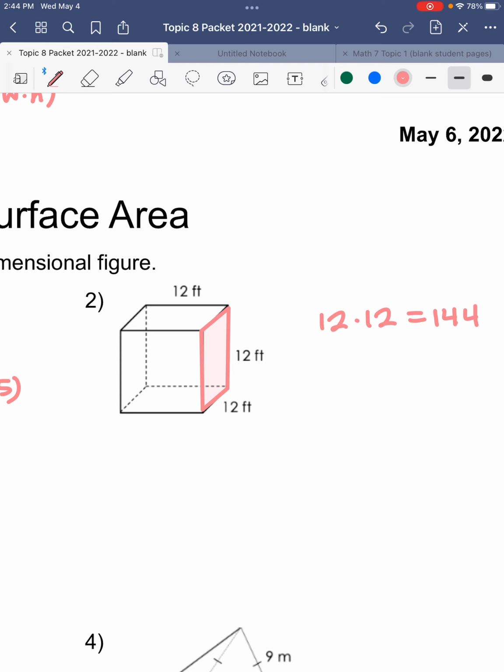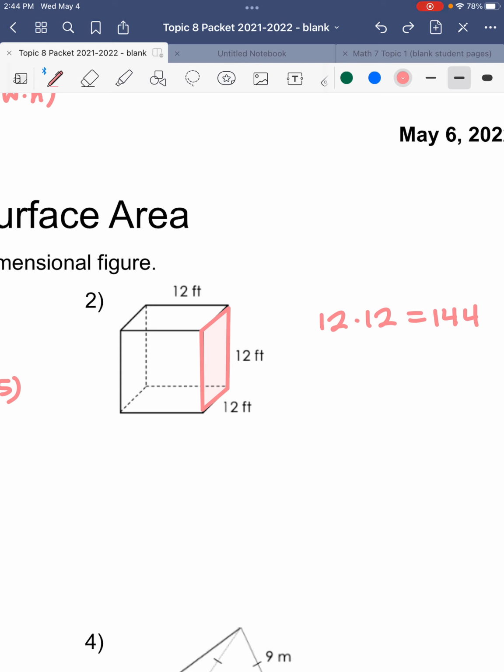Now, how many sides are there in a cube? Well, there's that side right there. There's also this side over here, right? So that's 2. So that's my right and left side. I have a top and a bottom, so that's 3, 4, right? And then I have a back and a front, 5, 6. So top, bottom, 1, 2, left, right, 3, 4, front, back, 5, 6.